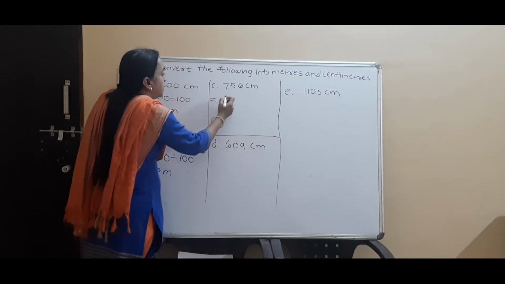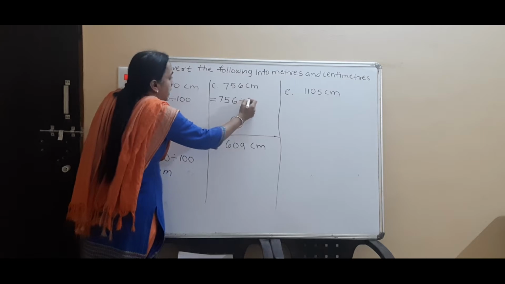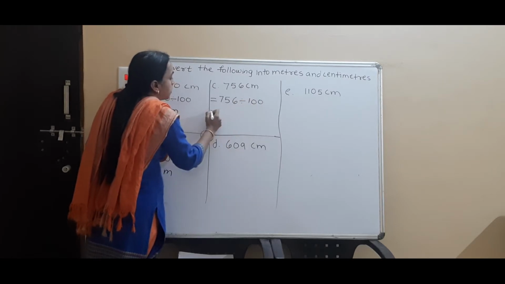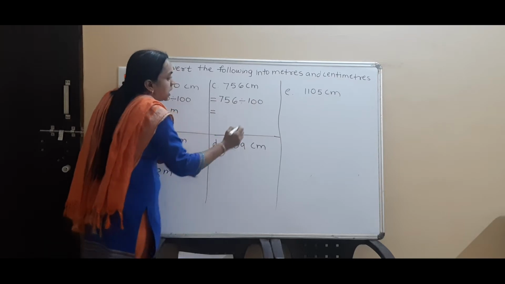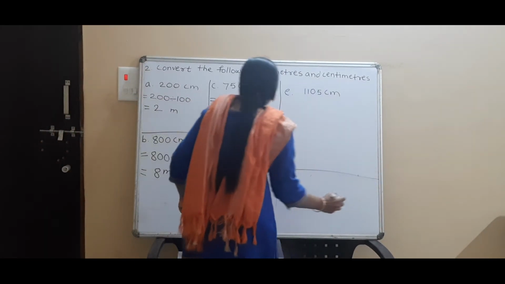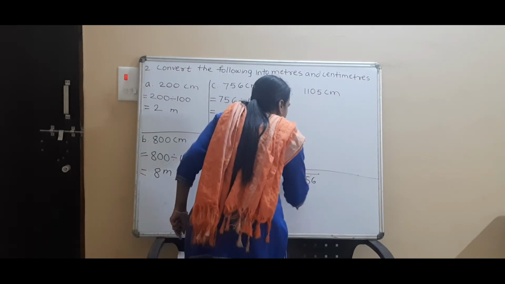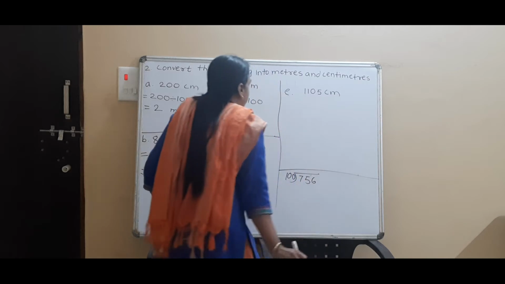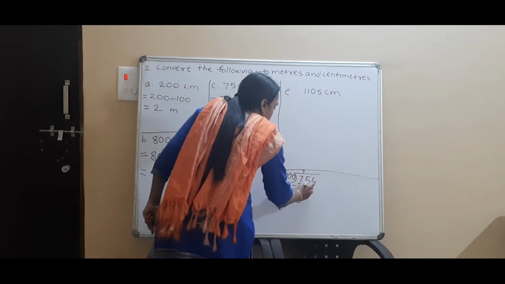756 centimeter. So what we have to do? 756 divided by 100. So in the table of 100 only, suppose we do here this division, 756 divided by 100. So 100 sevens are how much? 700.